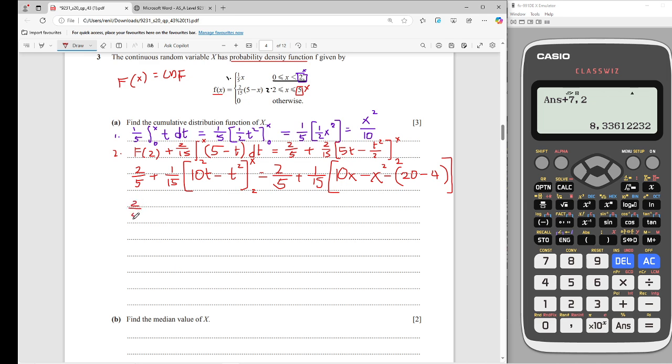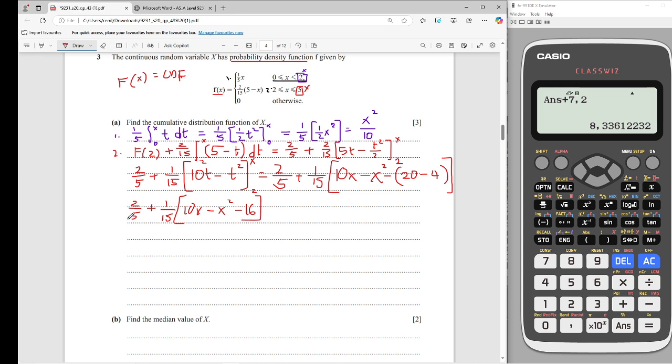So 2 by 5 plus 1 by 15 times, multiply this with 10x minus x squared. So inside the bracket we get a positive 16, but given that negative is outside, we have to get negative 16 here.